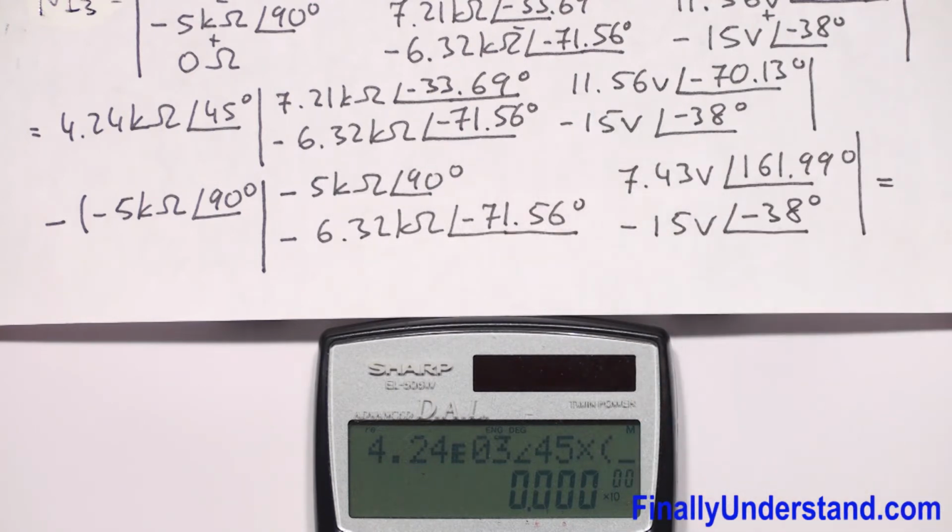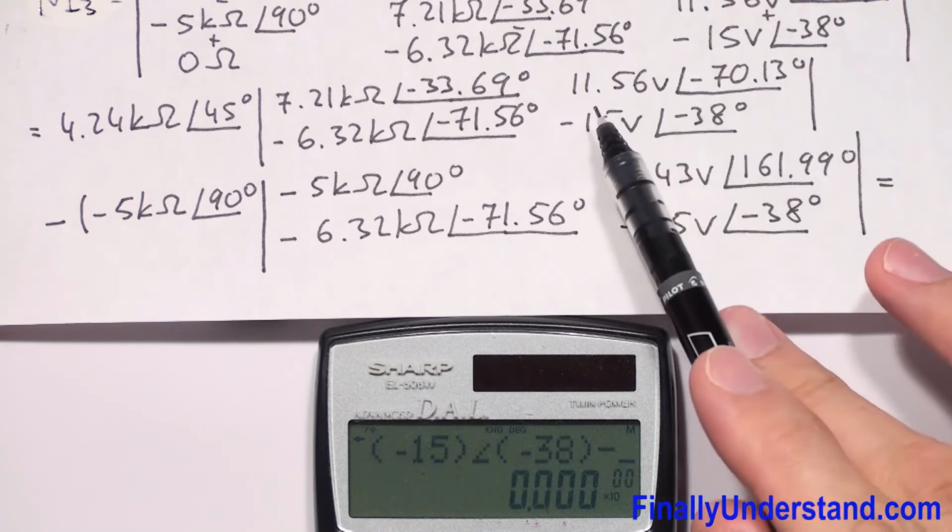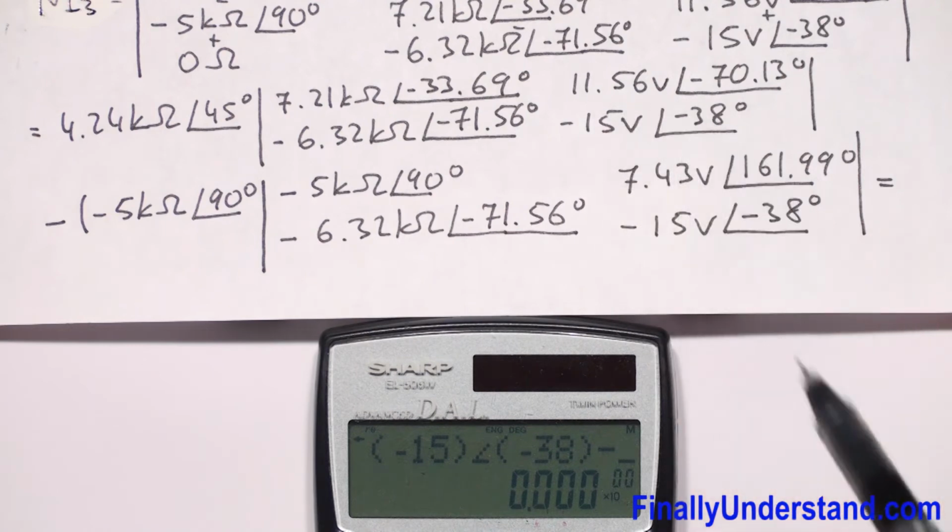6.32 kilo ohms with angle. Okay, so I have 7.21 exponent 3 angle of negative 33.69 times negative 15 and angle of negative 38, minus 11.56 volts with angles.